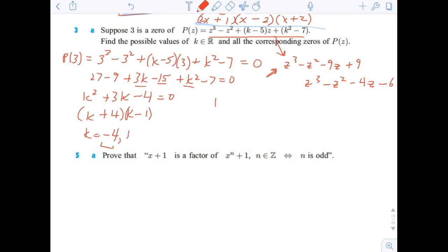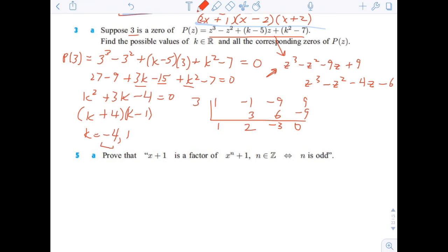So we'll have 1, negative 1, negative 9, and 9, and we'll put 3 there. And we'll find out what the remaining polynomial is here. So 1, 3, 2, 6, negative 3, negative 9, 0, of course.